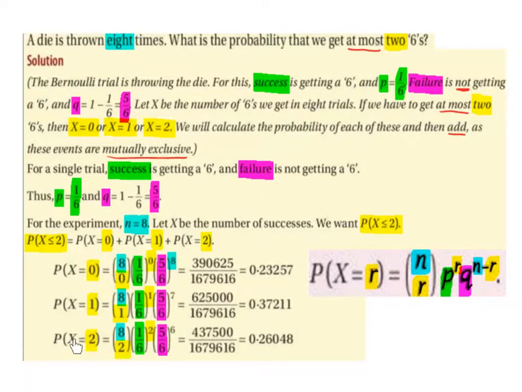The probability that X is equal to 2 is going to be 8 choose 2 times a 6th to the power 2 times 5 over 6 to the power 6, because 8 minus 2 is 6, and that gives us 0.26048. And adding them, we get 0.86516. So this is the probability that when a die is thrown 8 times, we get at most 2 6s.